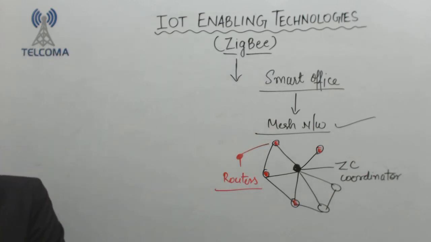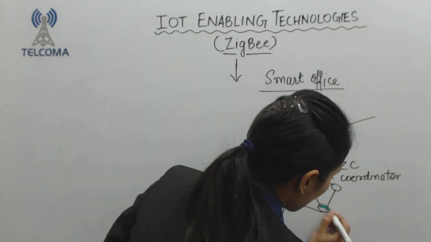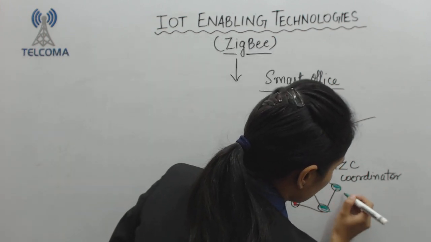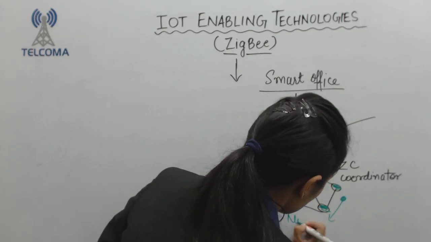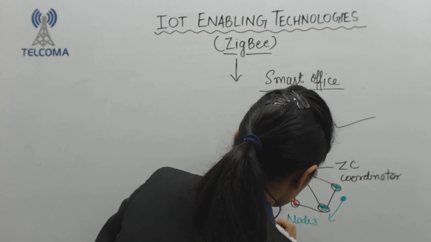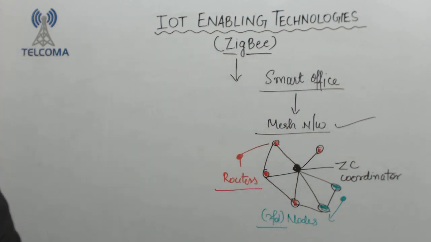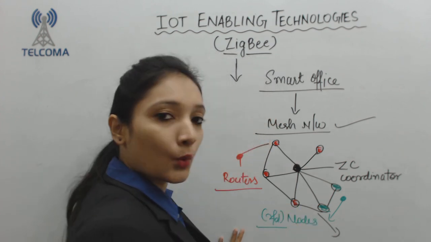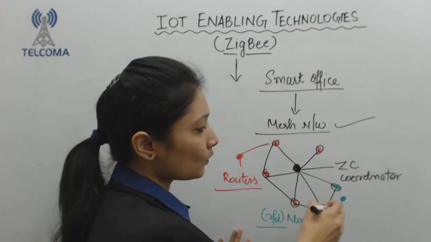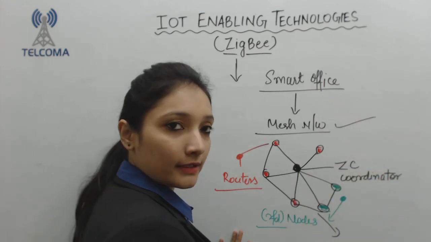They are gathering the information and storing and routing also. Then you can have these also, which refer to your simple nodes or your RFD, reduced function devices here. So these are the gateways for your physical world. That means gathering information from the physical world and then transferring it to your wide area network. So this is acting here as a gateway.